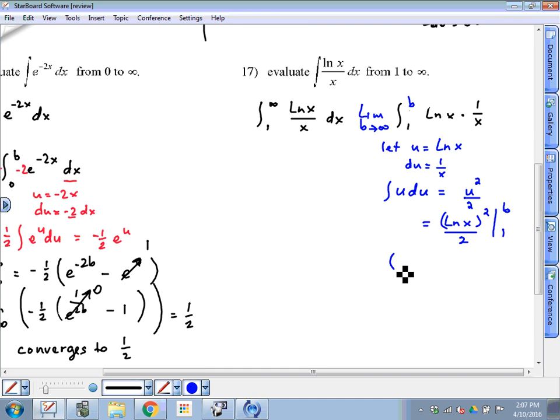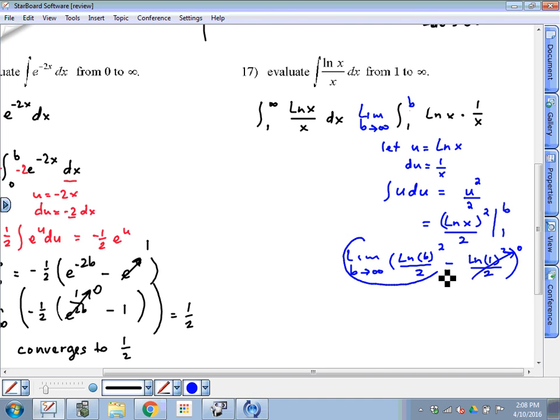So the antiderivative evaluated at the upper bound is the natural log of b squared over 2, and then we subtract the natural log of 1 squared all over 2, and we're taking the limit as b approaches infinity. Natural log of 1 is 0. 0 squared is 0 over 2. So this is just 0.